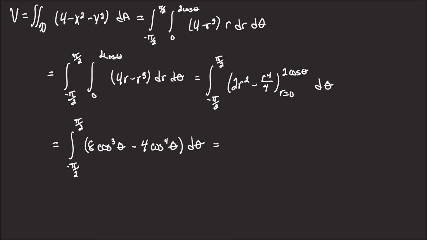Now if we plug this in, we're going to find that this will give us 5 pi over 2. This would be a long integral to do by hand, but since this is calculus 3, we can just use technology.